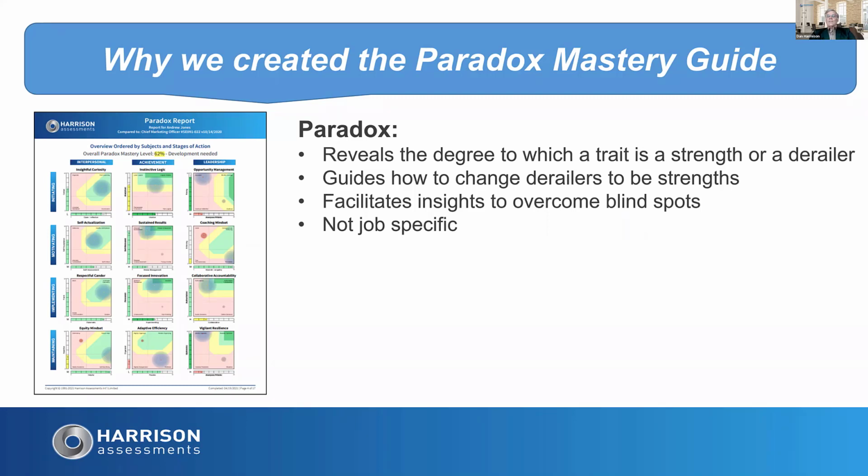It also provides some really good information on how to change. So how can you see a blind spot, for example? Somebody, for example, is frank, and they're high frank and low diplomatic, and so they tend to be blunt, but they're not going to see it that way.